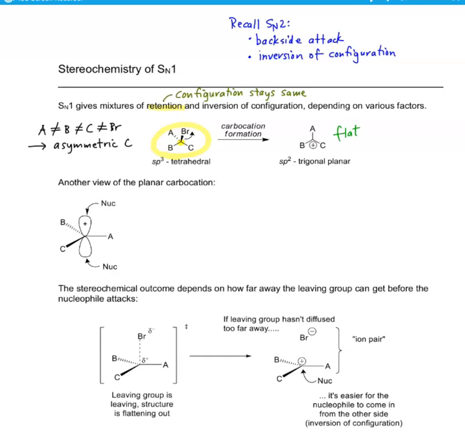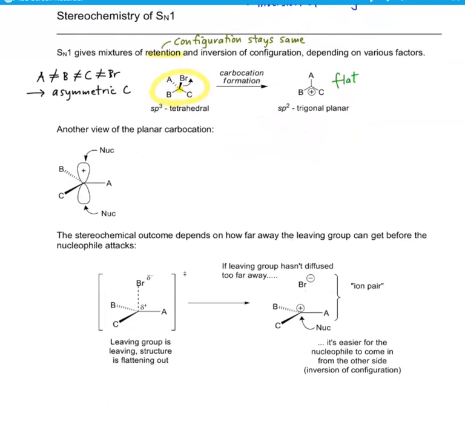So all the bonds from the carbon with the positive charge to A, B, and C are all on the same plane. Now if we take that structure and we tip it on its side so that it's perpendicular to the page, then what we get is a picture that looks like the one over on the left side of the screen.